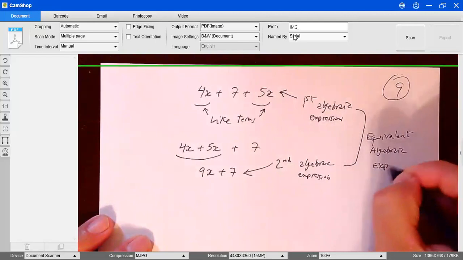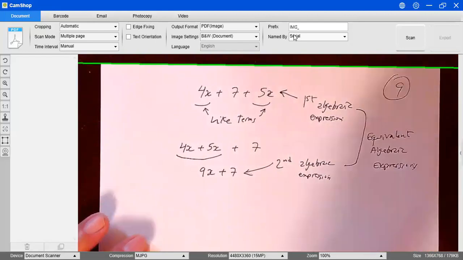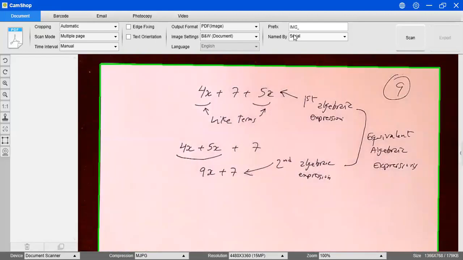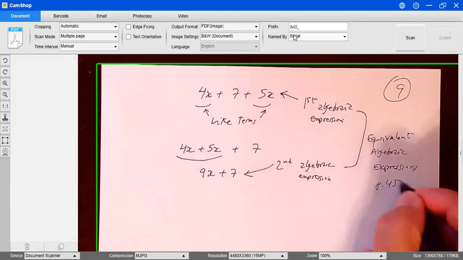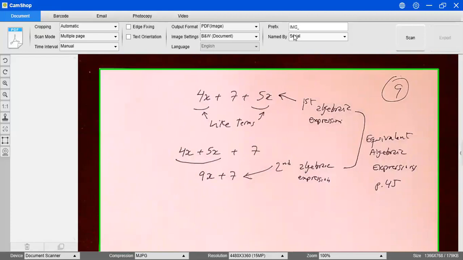Equivalent algebraic expression is described on page 45 if you want to read more about those. But the two algebraic expressions that have the same value for all replacements are called equivalent algebraic expressions, is what your book says. So then we're going to learn about properties of real numbers and algebraic expressions.